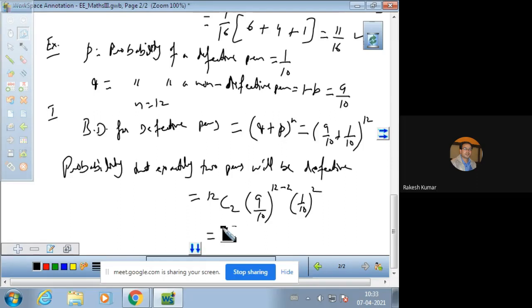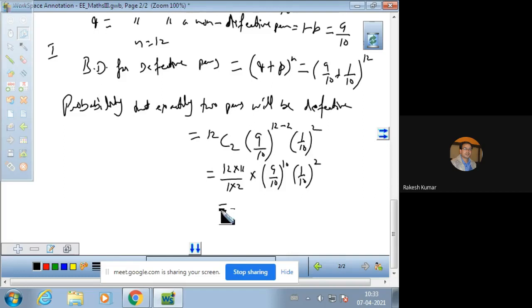It comes out to be 12 into 11 over 1 into 2, into 9 over 10 raised to power 10, into 1 over 10 raised to power 2. And after making calculations, you will get the required probability and it comes out to be 0.2301. You can make the calculations. So this is the required probability that out of 12 pens, 2 are defective.